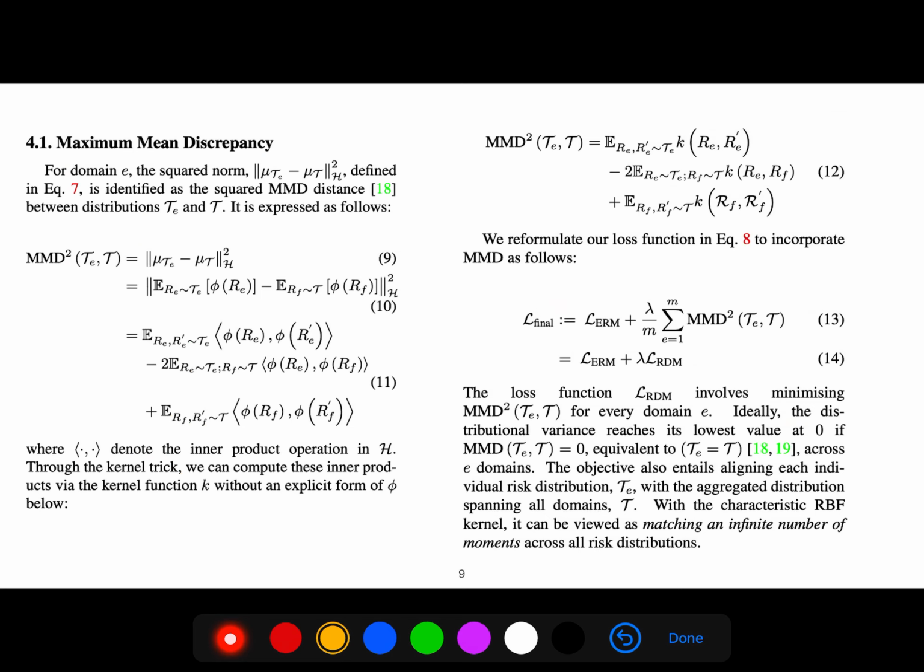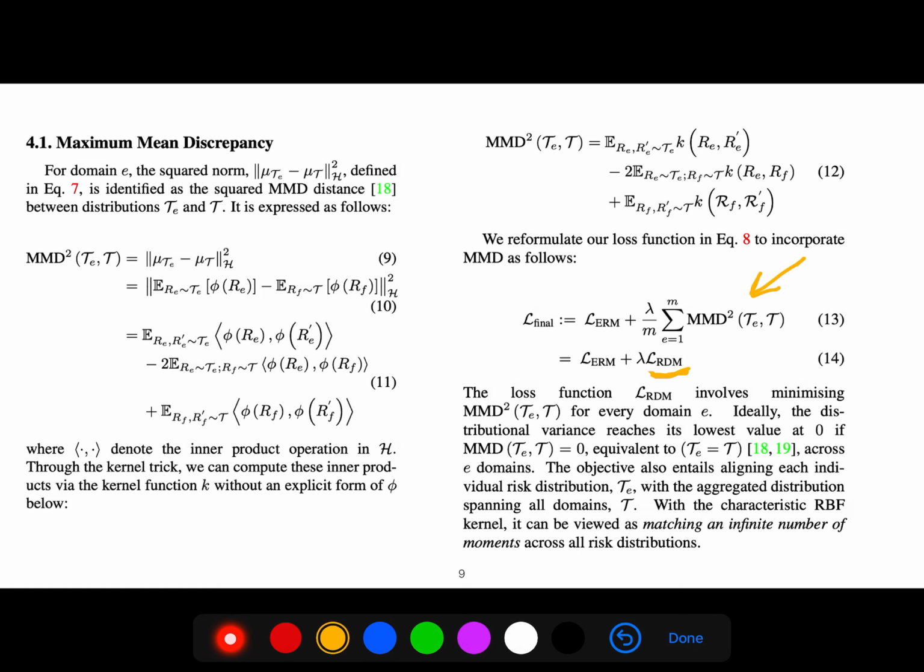So for domain E, the squared norm is defined as the squared MMD distance between distributions. So we formulate our loss function to incorporate MMD. This loss function involves minimizing the MMD for every domain.